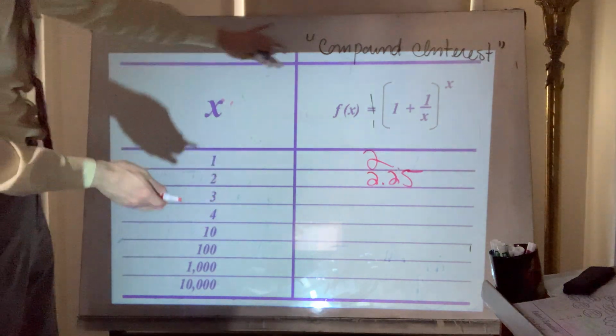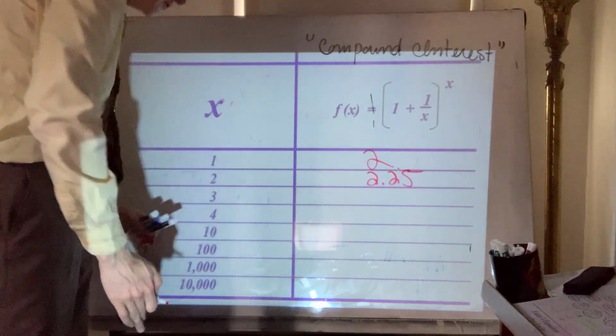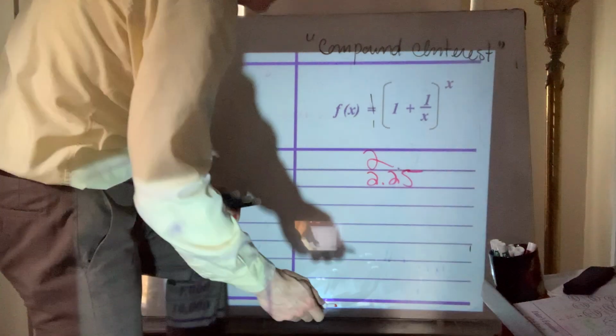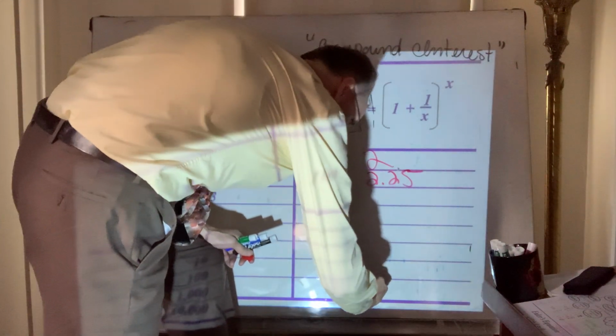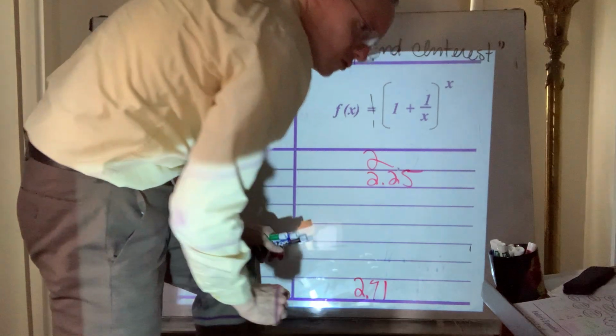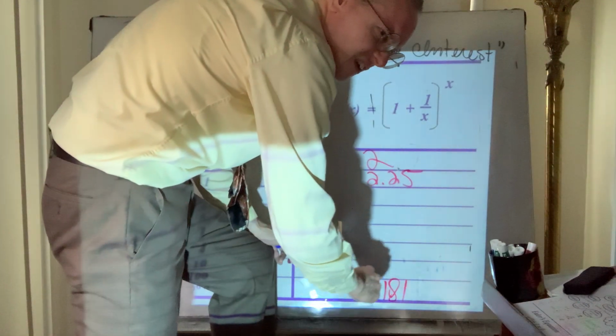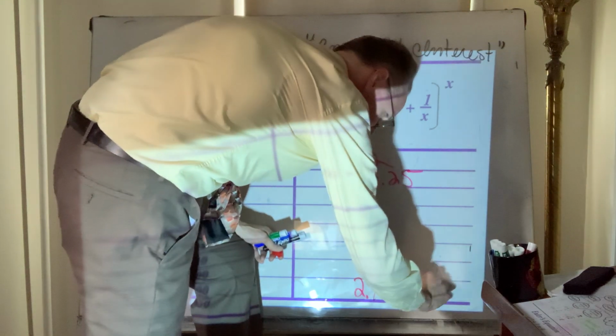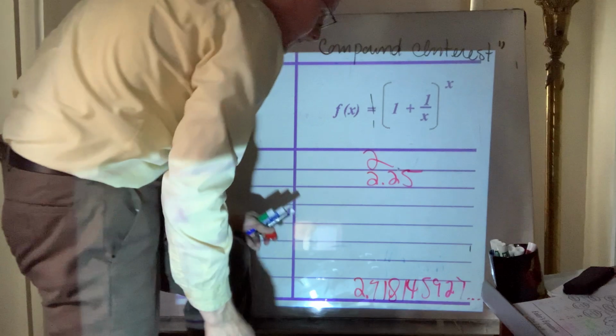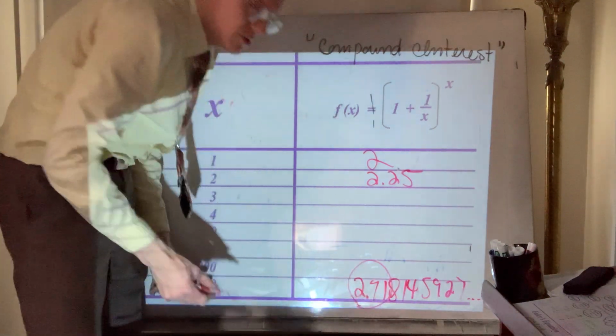Well, in the compound interest formula, if you keep putting in these values, you eventually get to this figure, 2.7181 45927, whatever it is. You could verify if you'd like. But that's the number that you get close to.